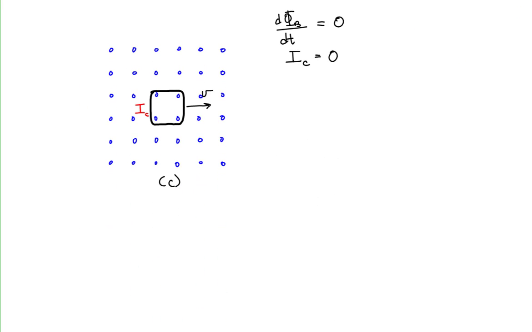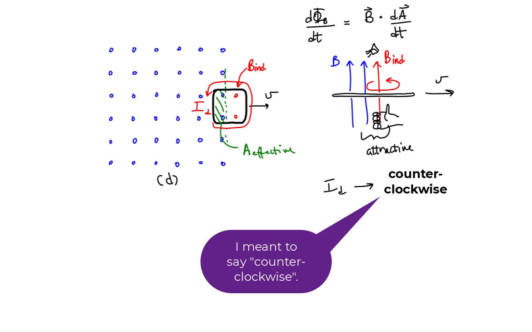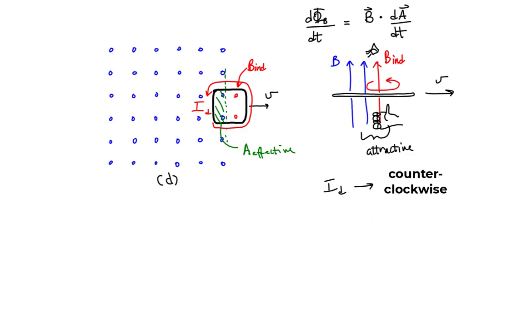In part C, there is also no change of magnetic flux because the number of magnetic field lines passing through the area of the loop remained constant. No change in magnetic flux, no change in magnetic field lines, no induced current. And in part D, the induced current was counterclockwise because that induced current creates an induced magnetic field that opposes the decrease of the magnetic flux.